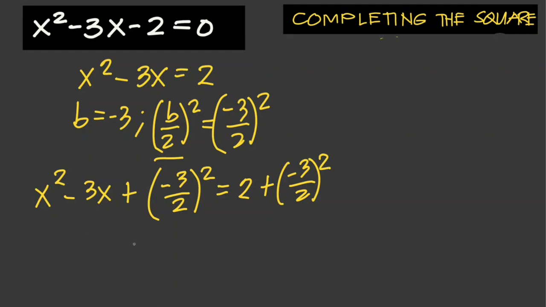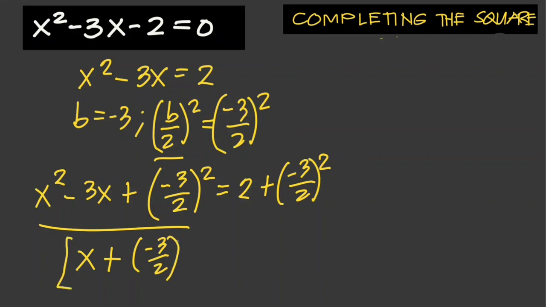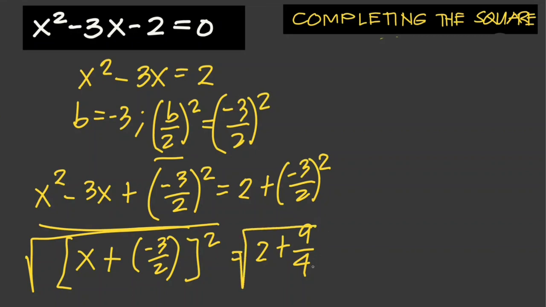Then next, we can factor the left side because this is already a perfect square. So we can write this as x plus negative 3 halves squared equals 2 plus negative 3 halves squared, which is just 9 over 4. And then we square root both sides.